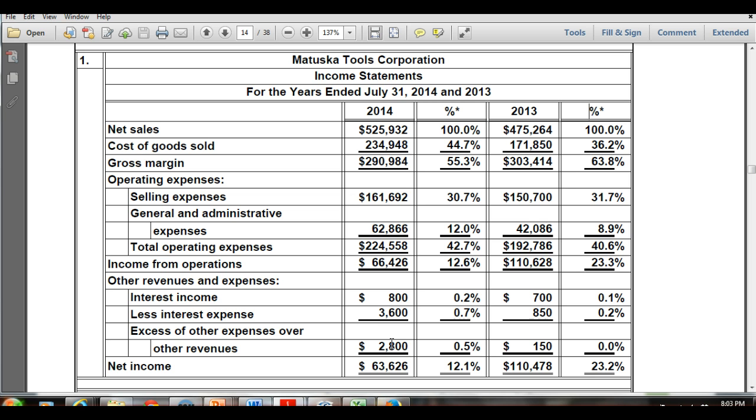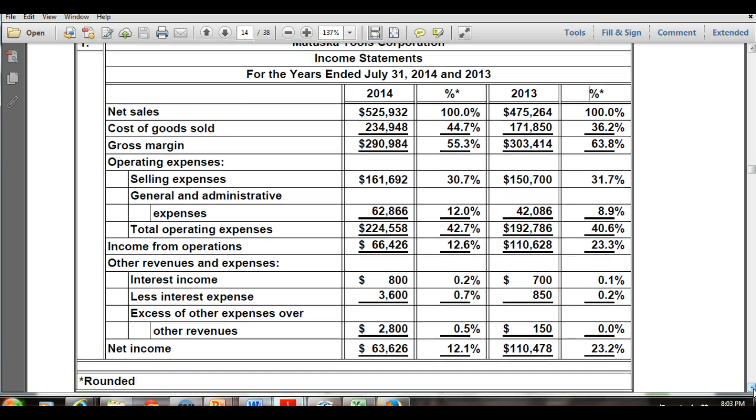What this shows is a relationship between various costs or various categories and your net sales. So if you look at cost of goods sold, in 2014, they were 44% of net sales, but in 2013, they were 36% of net sales. That's a big jump.